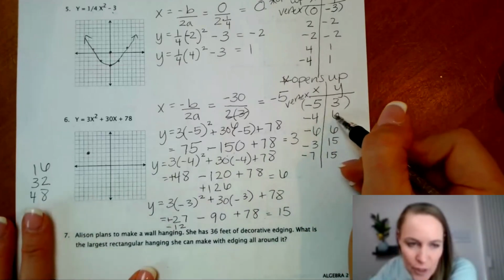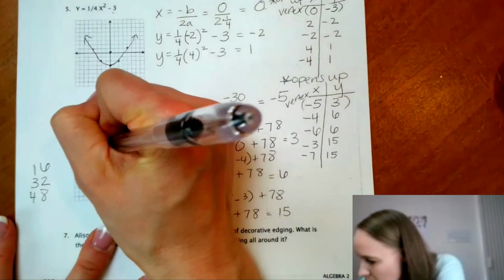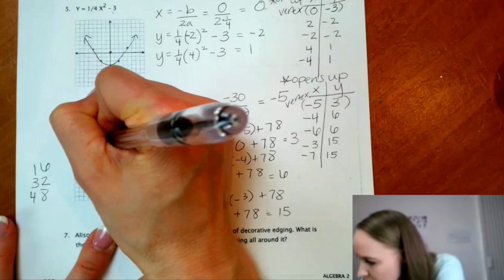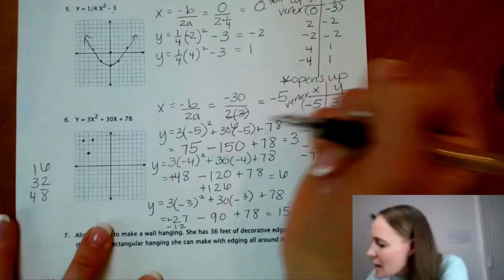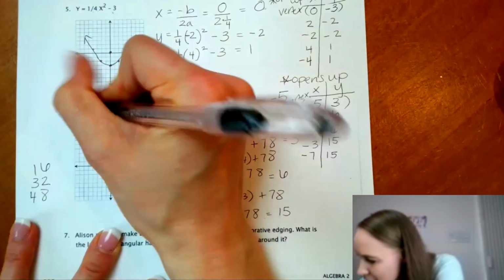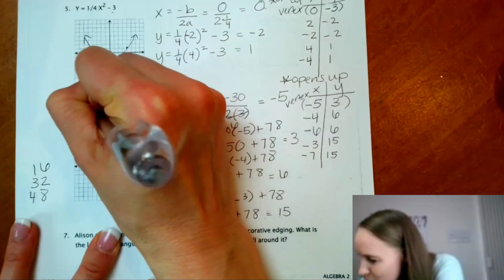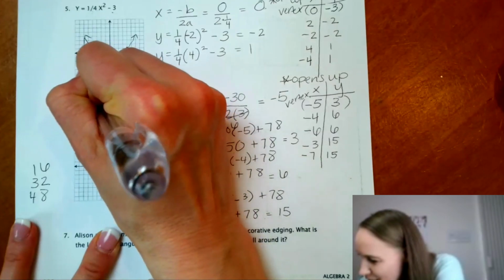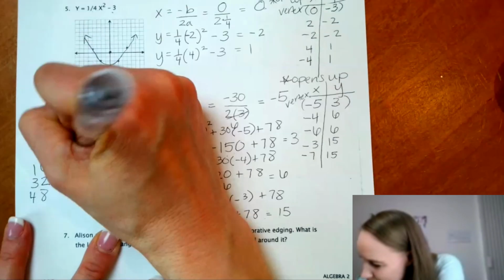I have -4, positive 6, -4, 1, 2, 3, 4, 5, 6, and same on the other side of the vertex. And then I have -3, +15. So 8, 9, 10, 11, 12, 13, 14, 15. Remember, we're sketching, so we're just trying our best here.